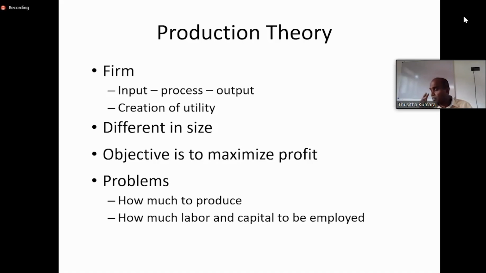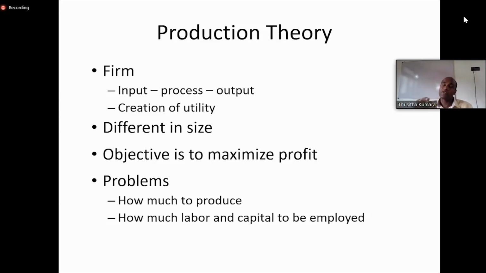Sorry, creation of utility is the production. So what we are trying to do, we are trying to create happiness. Whenever we create happiness, people will pay for you. Right? Therefore, any firm, what they are trying to do, they are trying to create utility.